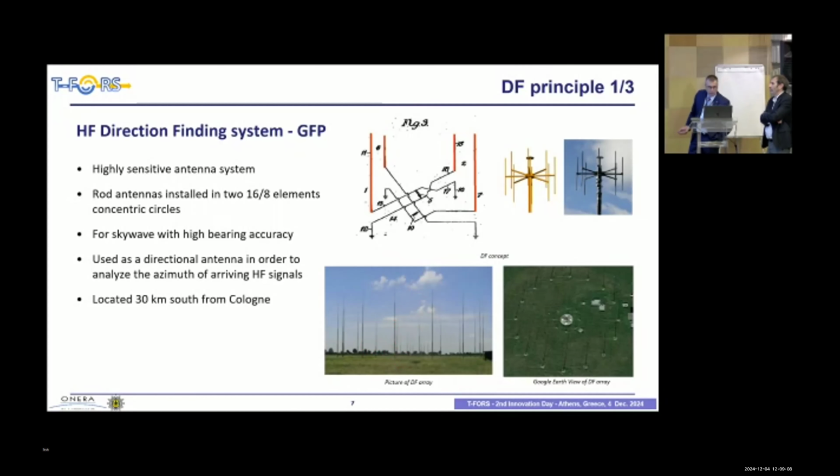In the center, you can see it here on the Google Earth view, is one more antenna. This antenna is produced only for the receiver. You can see the noise and the signal online, and this antenna is also used to monitor the signal in an online process.